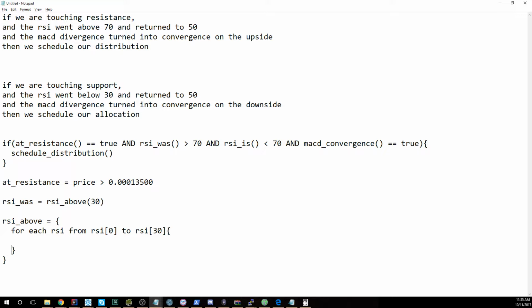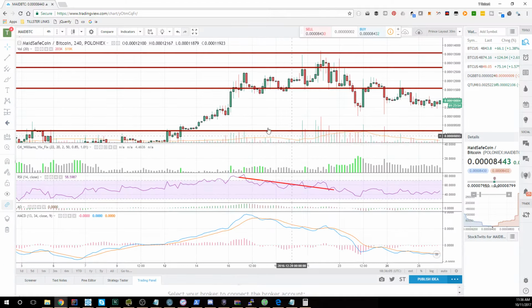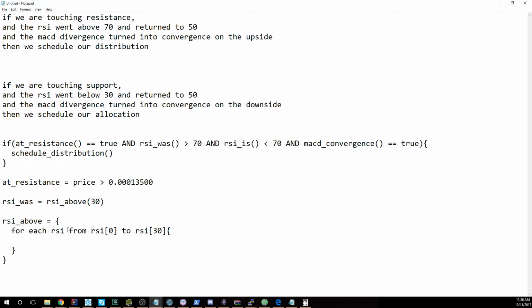And what we're going to do is, this is going to say, I'm going to look back at all of the previous RSI from 0 to 30, from then until now. And I'm going to say if, same way I did this here, if RSI is greater, we're going to pass in the amount.